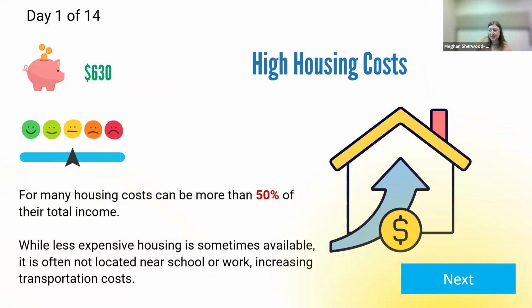A lot of times that's closer to 50%. While less expensive housing is sometimes available, it's often not located near school or work, and that can increase other costs in other places. So it's not always just about looking at that budget item. It's about the total, and where that is in relation to school or work as well.